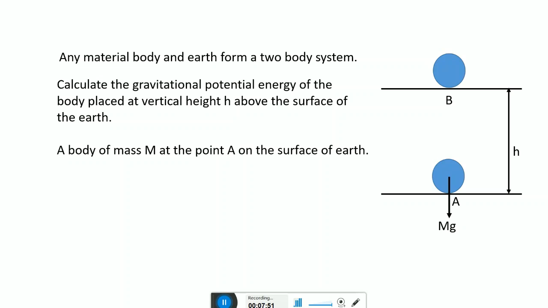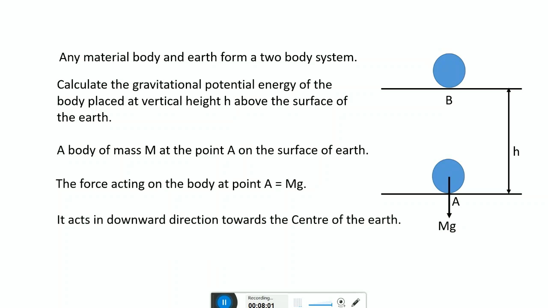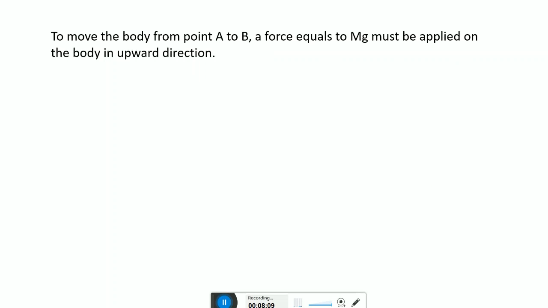M is the mass of the body at a point A on the surface of the Earth. The force acting on the body at point A is mg, which is in the downward direction. To move the body from A to B, a force equal to mg is applied on the body in the upward direction.